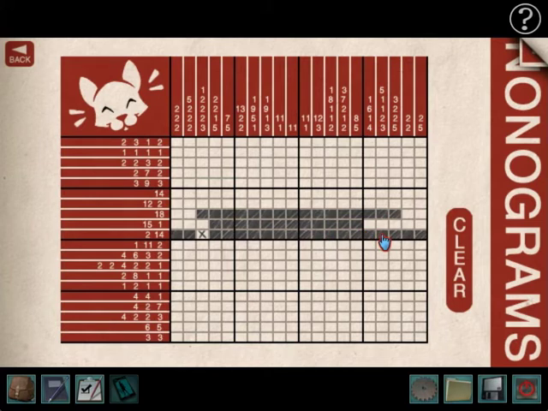And ending at column, whatever this is, 17. So 7 to 17 are safe to be filled in, I think. Yeah, because either way, those are filled in.